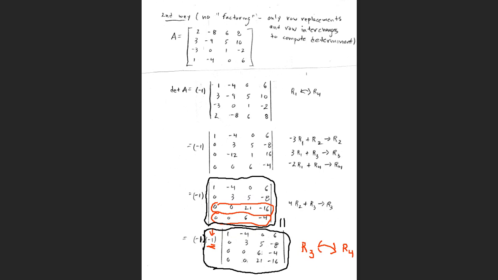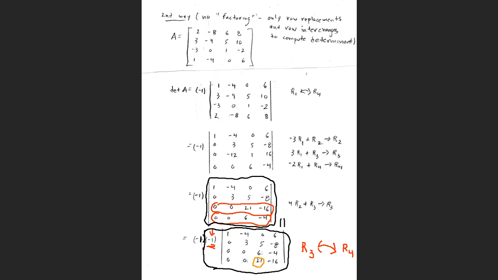So we have to get the matrix in echelon form so that the determinant is the product of the diagonal entries. That means we can't have a 0 where the 21 is.